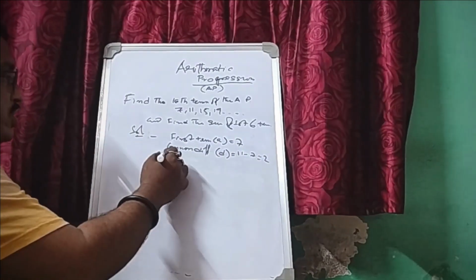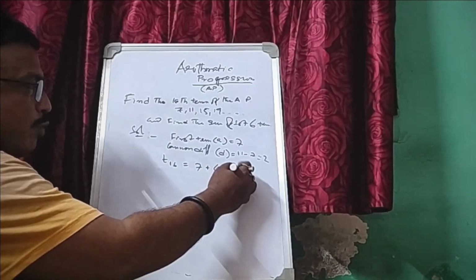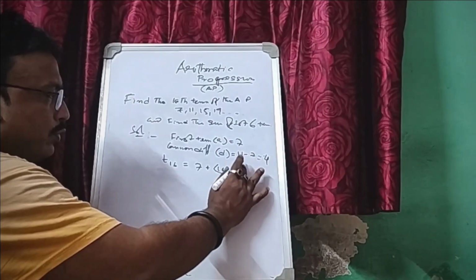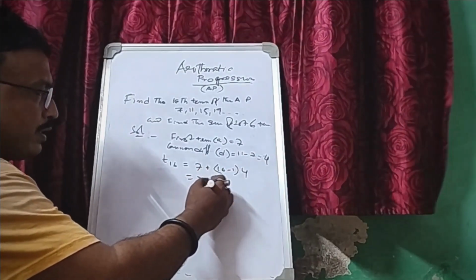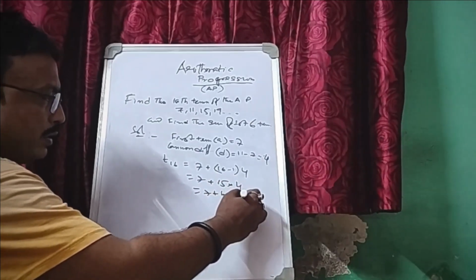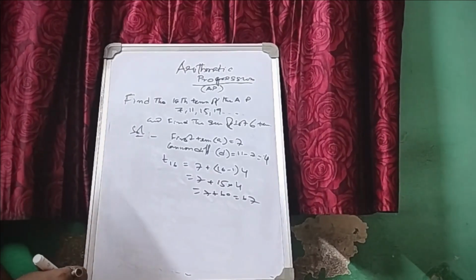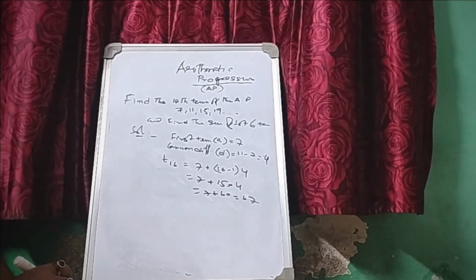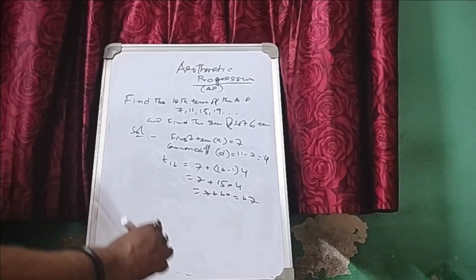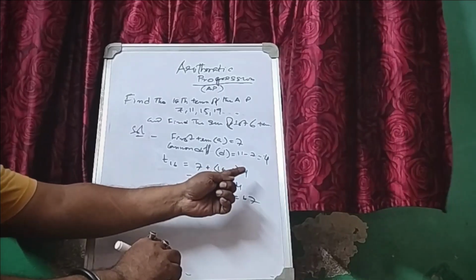T16 is a plus n minus 1 into d, which is 67. This is the 16th term, using a plus n minus 1 into d.